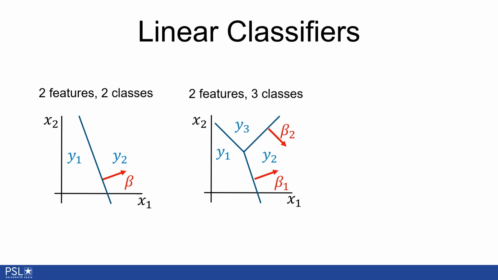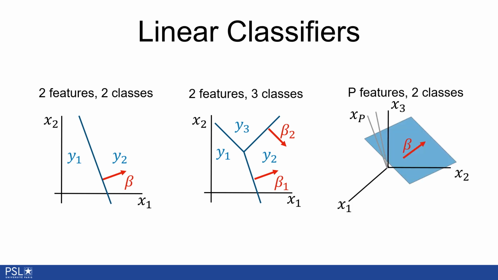A third situation is that we can have more than 2 input features, in general p features, so that the input space is p-dimensional. If we have 2 output classes, a linear classifier splits the p-dimensional space in 2 by a hyperplane. What is a hyperplane? For 3 input features, the hyperplane would be a usual 2-dimensional plane.